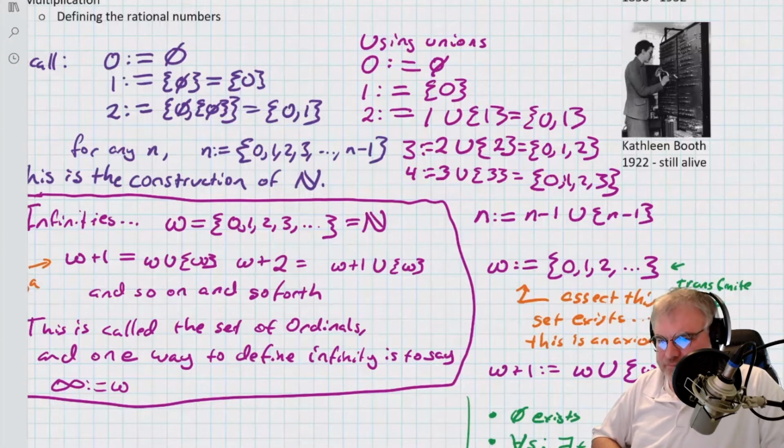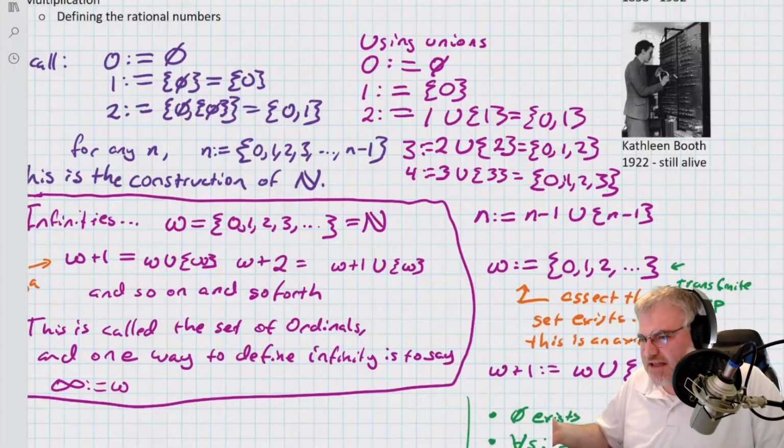Someone's asked the question, so really if n minus 1 equals 6, that's really 7 minus 1.